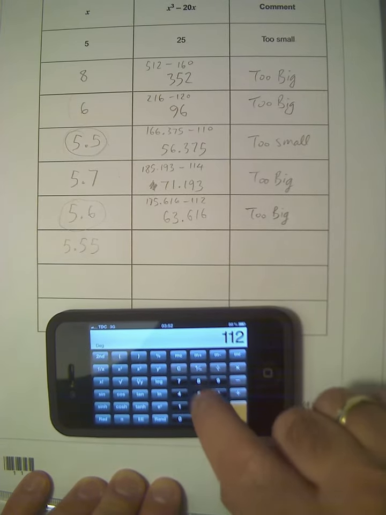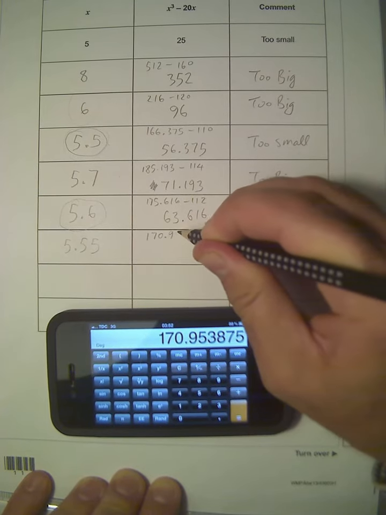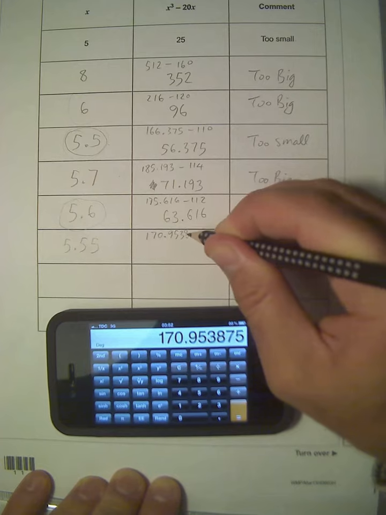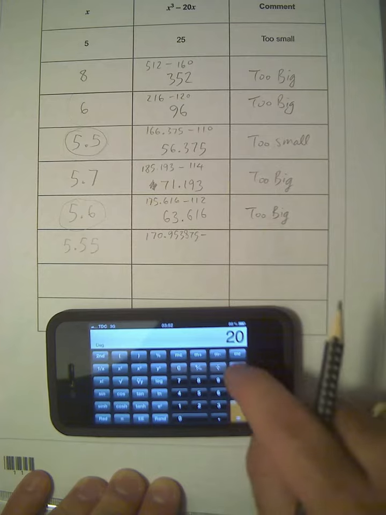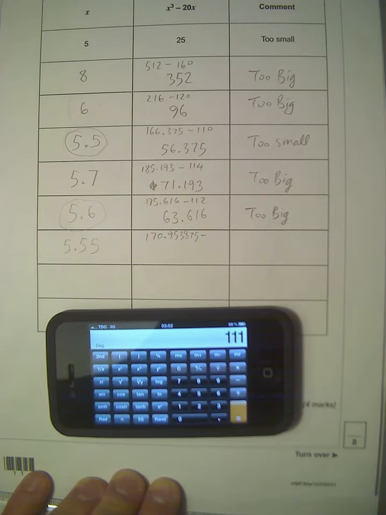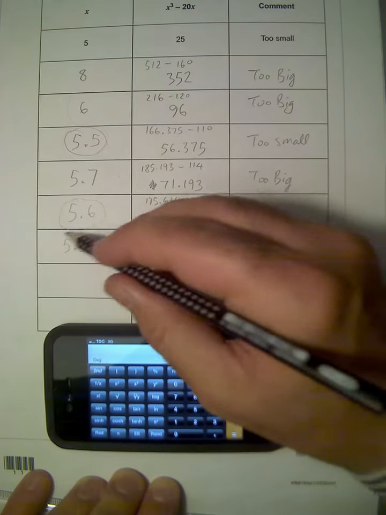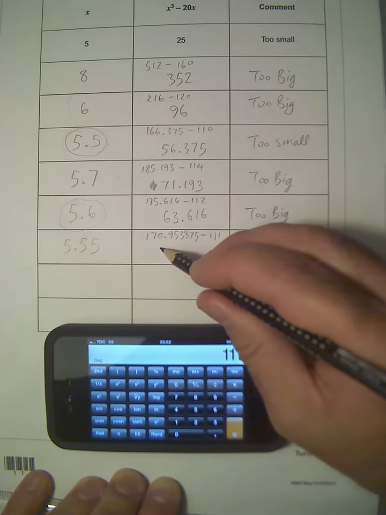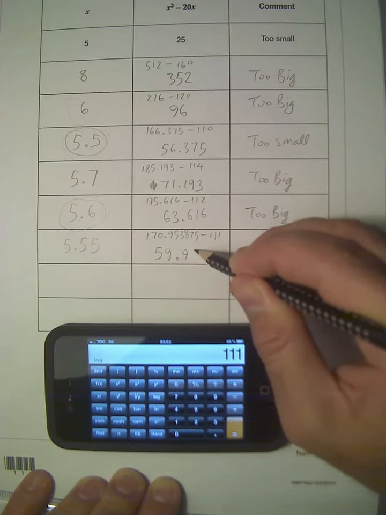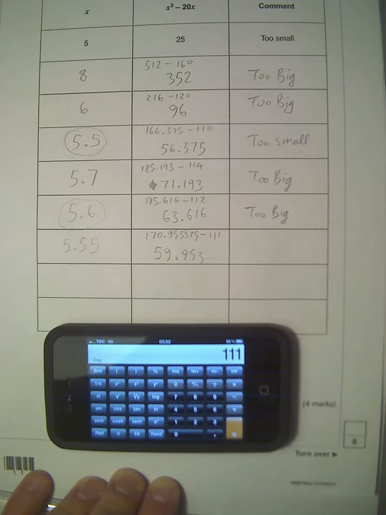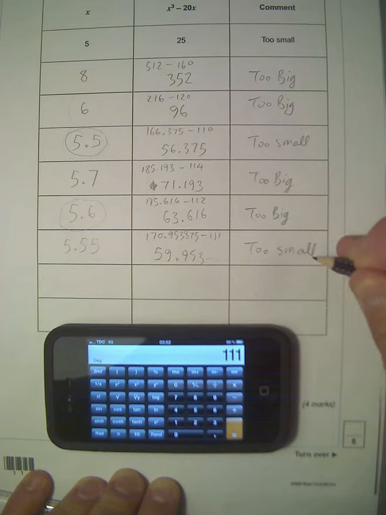If x is 5.55, then x cubed is 170.953875. And 20 times 5.55 is 111. So if x is 5.55, then the thing we get is 59.953 something, which is too small.